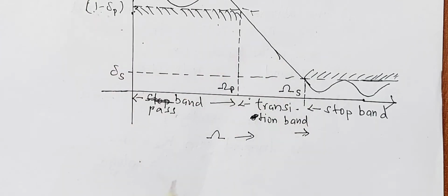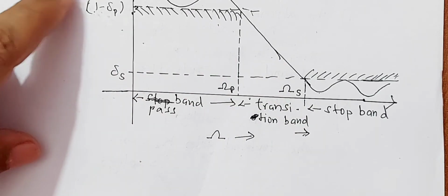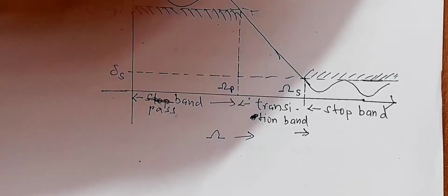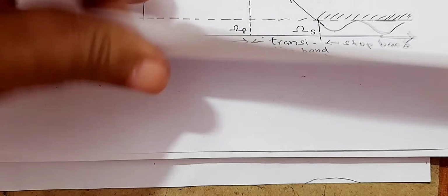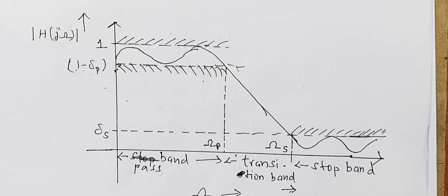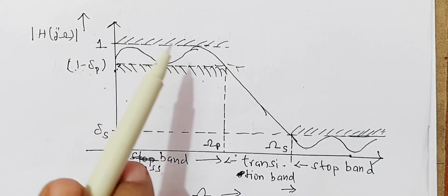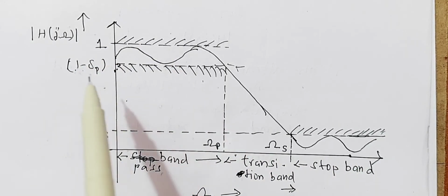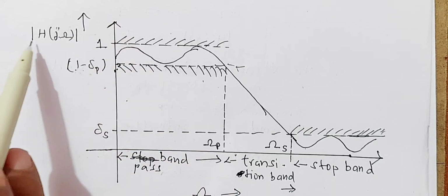From this circuit, you just see what are the values of h of j omega for different frequencies. From this magnitude frequency response, I will write the specification now. This y-axis is h of j omega.